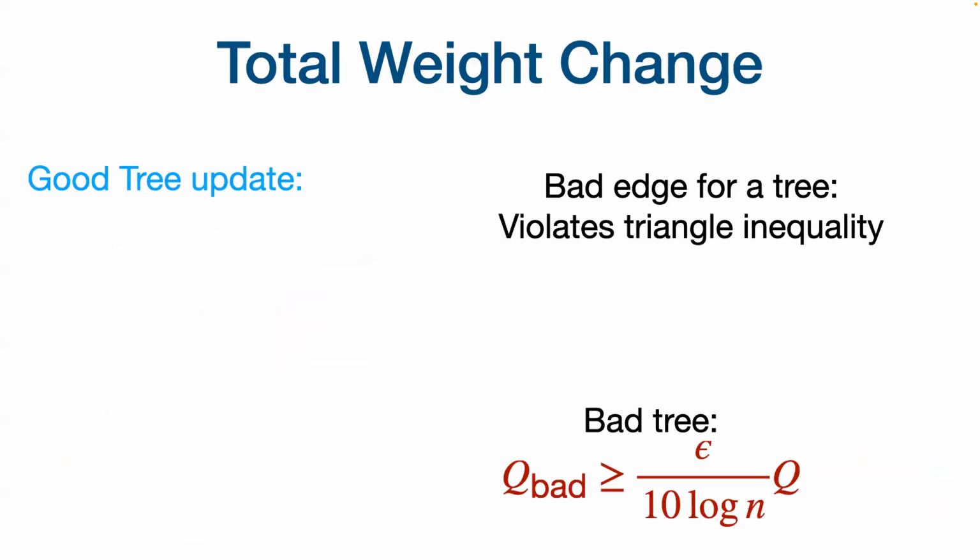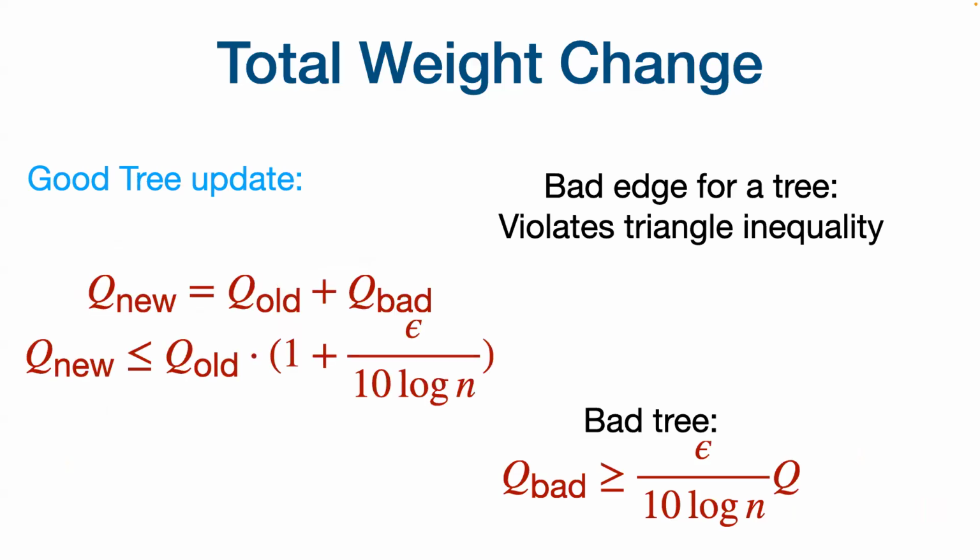So if my tree was good, as in the total weight of these bad edges was less than epsilon over 10 log n fraction of these things, then my claim is I'm okay. My total weight is not going to increase too much. Why? Because my new values are just going to be these ones plus the weight of the bad edges. I'm just doubling them. So the new values are just going to be 1 plus epsilon over 10 log n fraction.